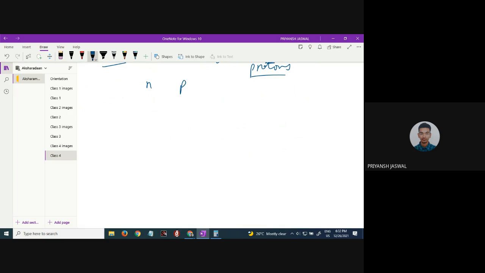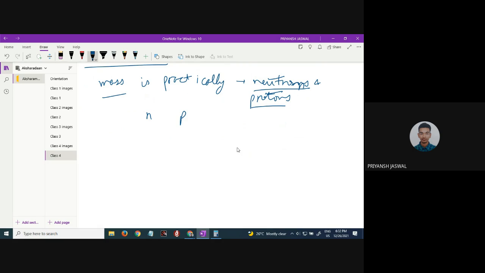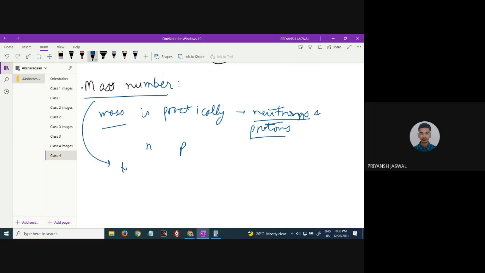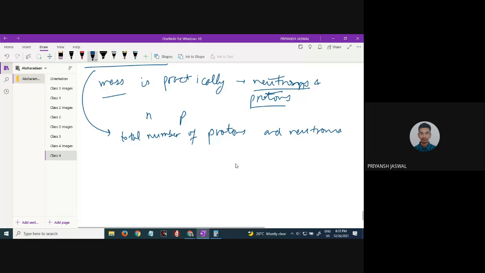And mass number is nothing but the total number of protons and neutrons in an atom, and it is denoted by A: number of protons plus number of neutrons.